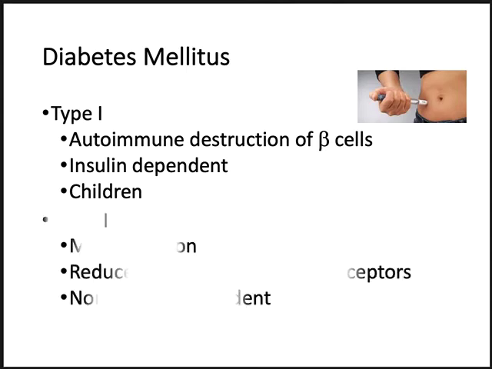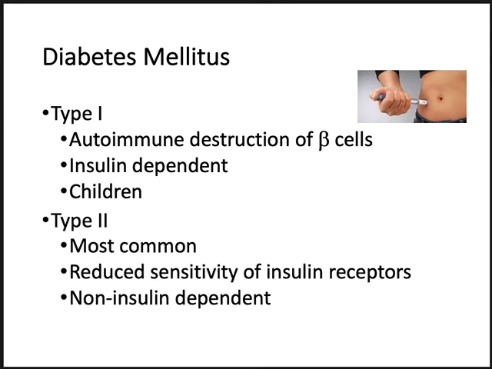All right, type 2 diabetes. This is the most common type, especially in the United States, where obesity is the highest in the world. This is because of the reduced sensitivity of insulin receptors to insulin.